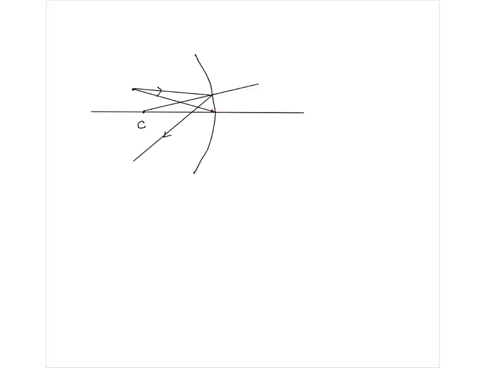And at this point, if you draw the normal, it will be this only. So this point will be very convenient. That means the reflected ray would be like this. This angle will be equal to this angle.